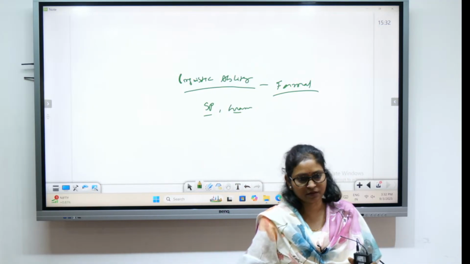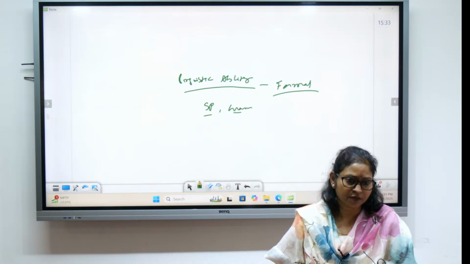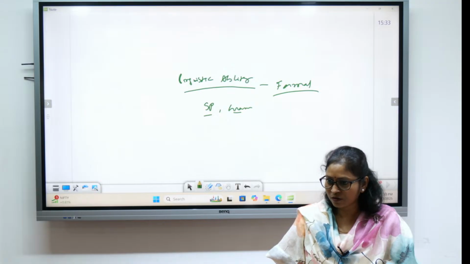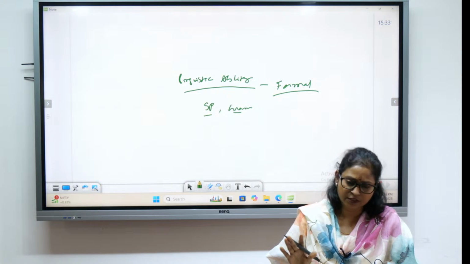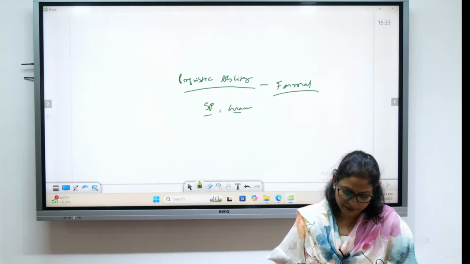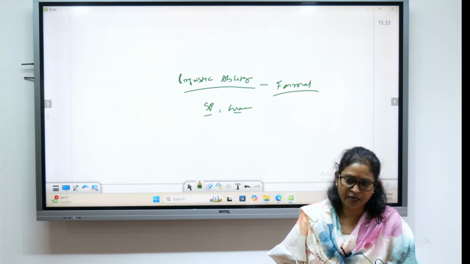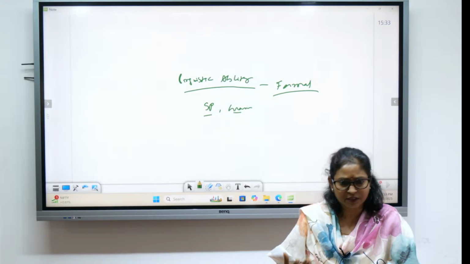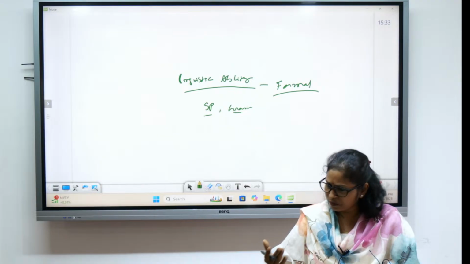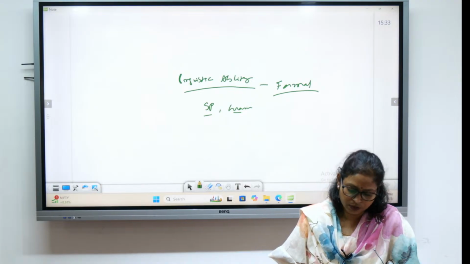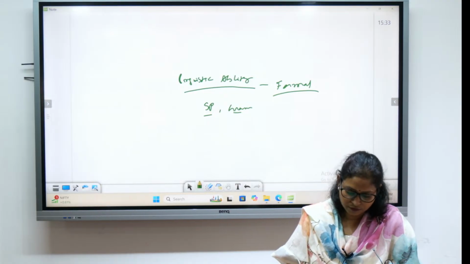Here and there, if it is there, it's okay, but there should not be too many grammatical errors. Again, how to develop formal language? Read good books, good stuff, government reports like Yojana, Kurukshetra magazines, newspapers. I think newspaper is a very good way to inculcate formal language. With NCERT books, you learn the formal language.